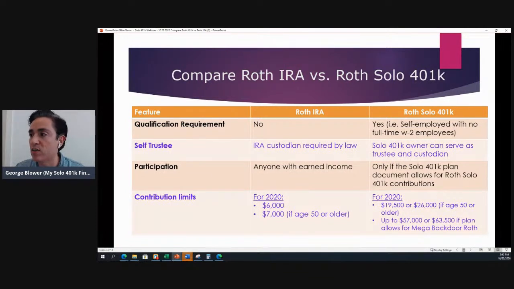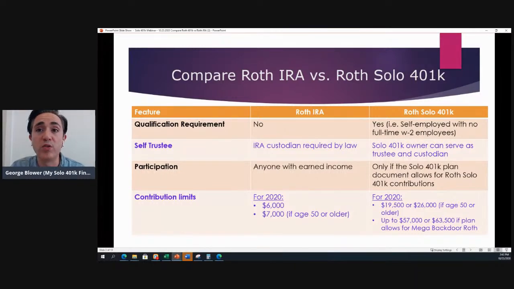If my income is less than $63,500, I'm assuming you're 50 or older, can I contribute the max to the after-tax account? No, you cannot. So the voluntary after-tax limit is 100% of your self-employment compensation, which the definition of your self-employment compensation depends on your business, how your business is taxed. So a simple example is an S Corp.